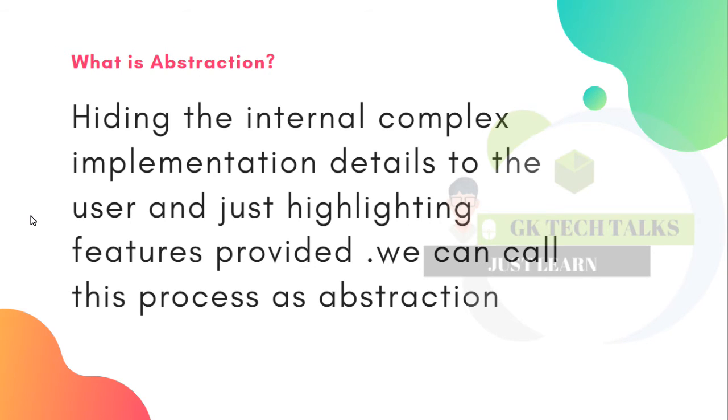You just provide a set of services, and how you are able to serve those services, they don't know. You won't reveal the internal implementation details to the end user, and you will just highlight the required set of features. Only the features you are going to provide through your application or project will be available to the end user.